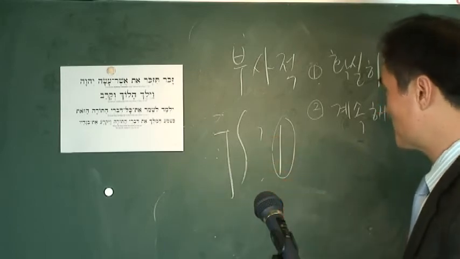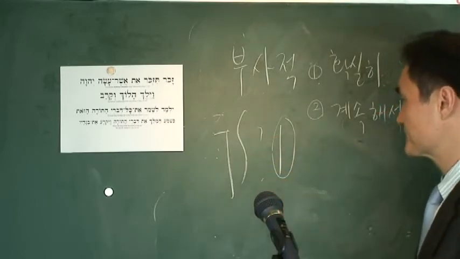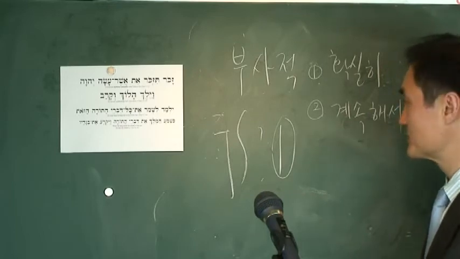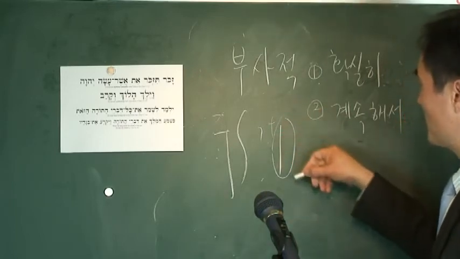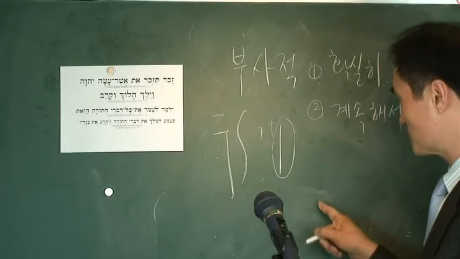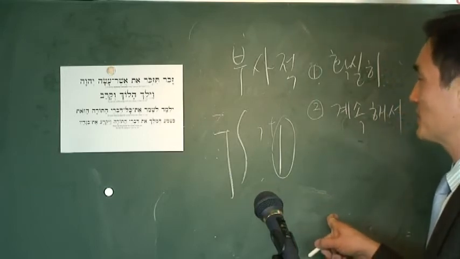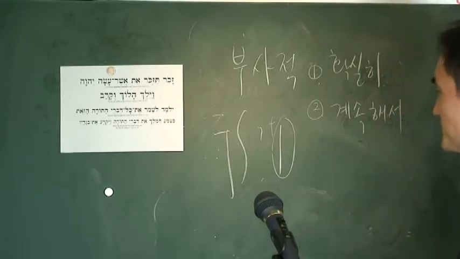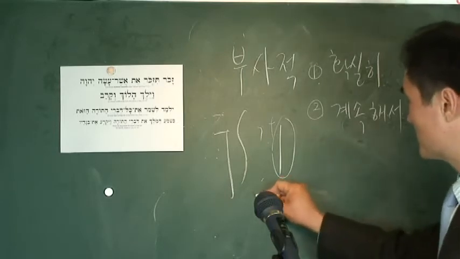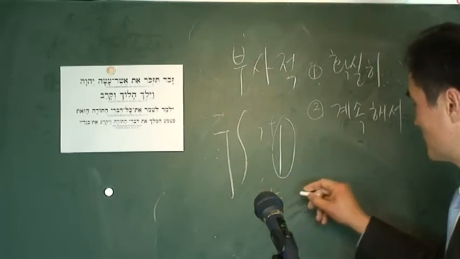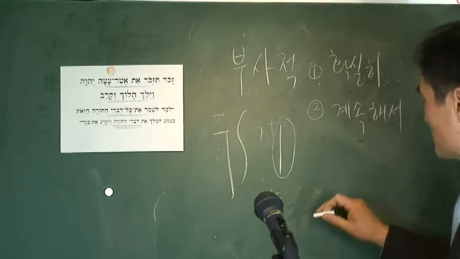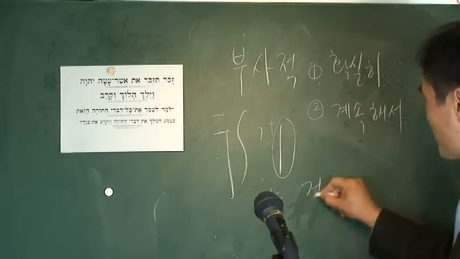When interpreted in the imperfect form, it would mean he will walk. When it is connected to the conjunction vav, it is used as a copulative verb.